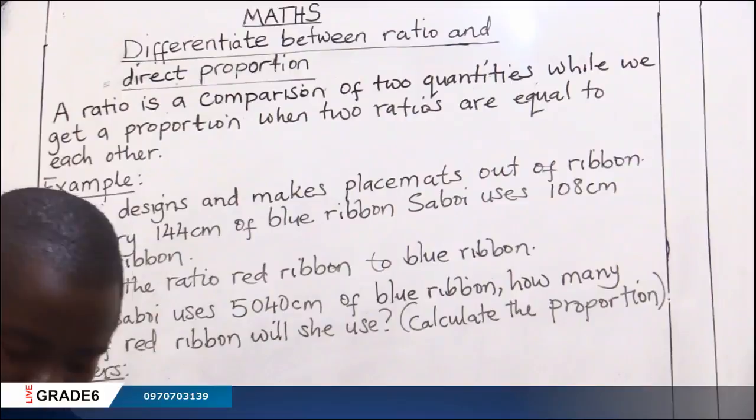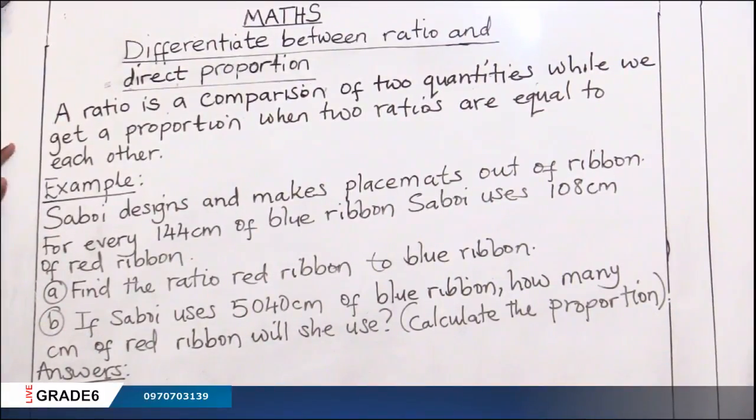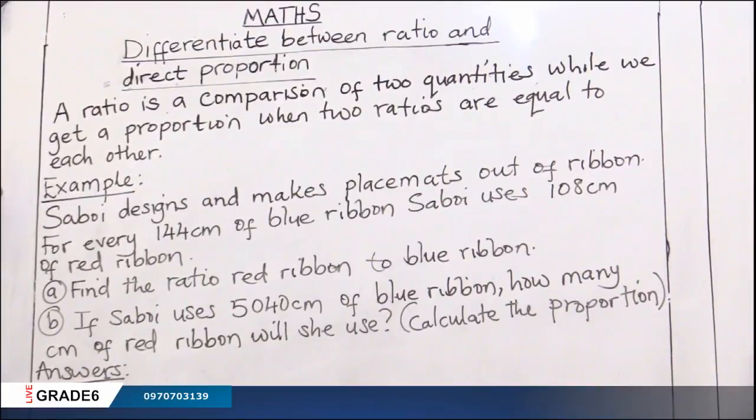All right, so boys and girls, our question says a ratio is a comparison of two quantities, while we get a proportion when two ratios are equal to each other. For every 144 centimeters of blue ribbon, Savoy uses 108 centimeters of red ribbon.